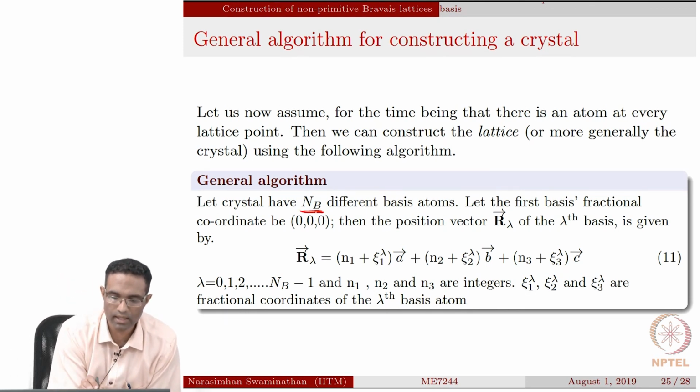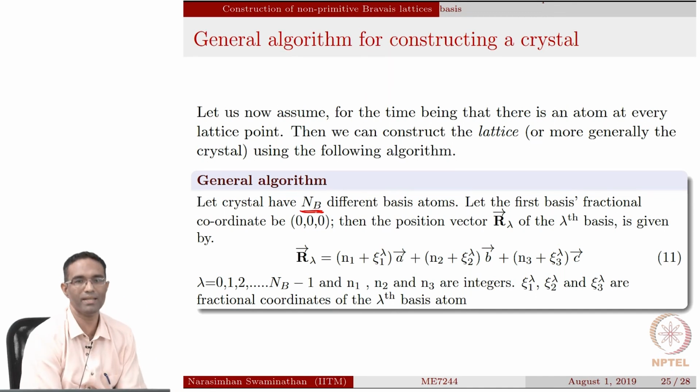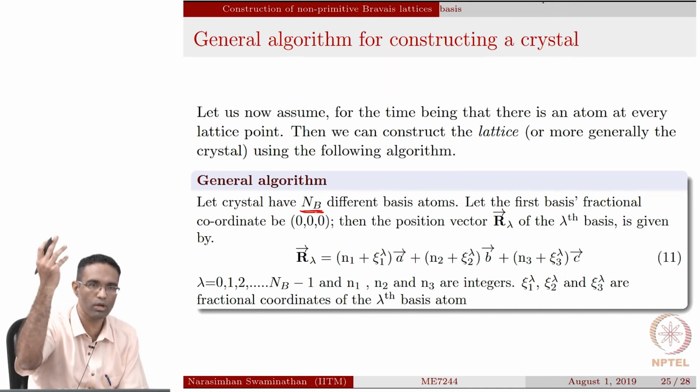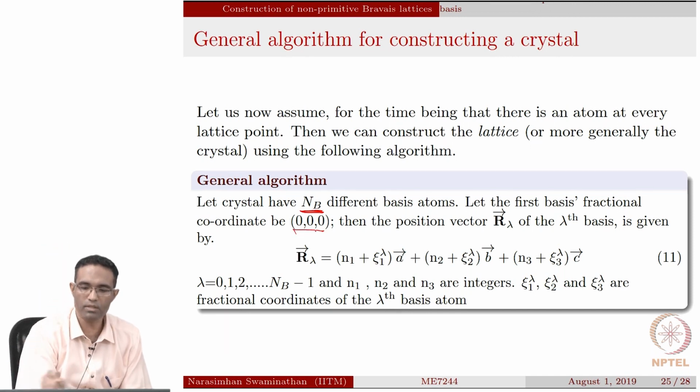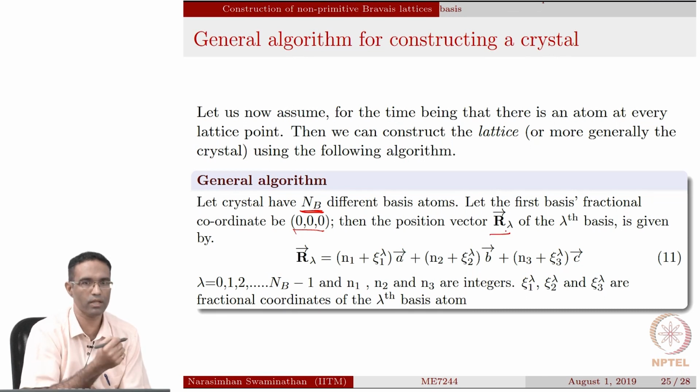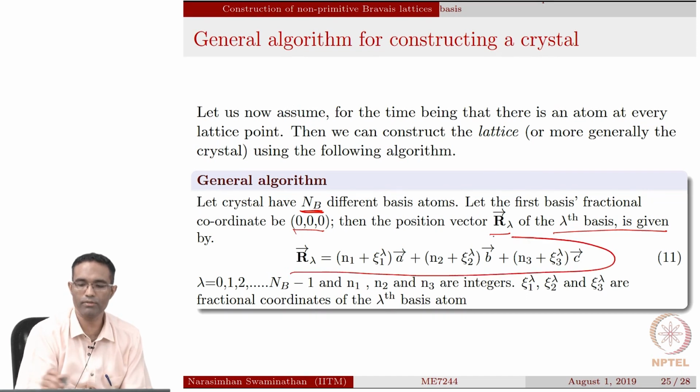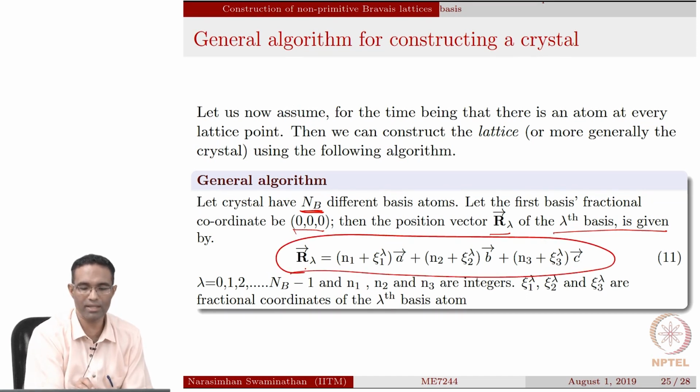Let us say that our crystal has NB different basis atoms. The basis atoms is the total number of atoms per unit cell. For FCC, it was basically 4. Let the first basis fractional coordinate be 0, 0, 0. That means you are putting your origin there. Then the position R lambda of the lambda-th basis is given by this expression right here.